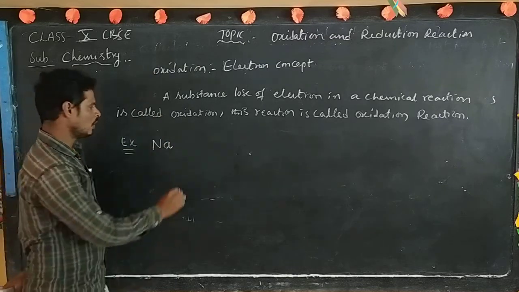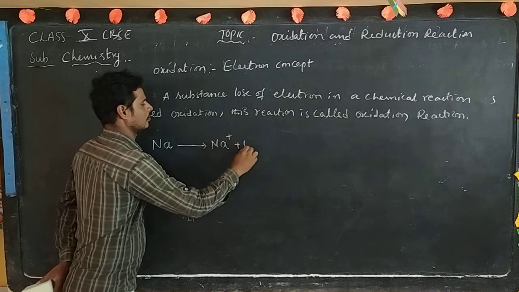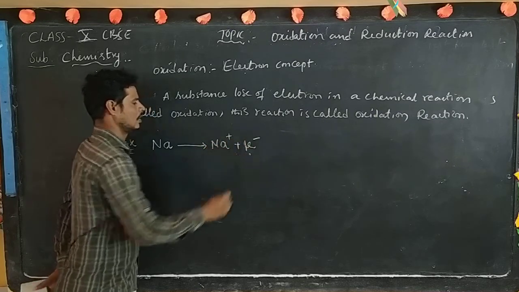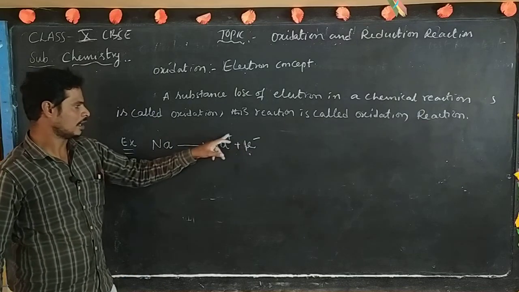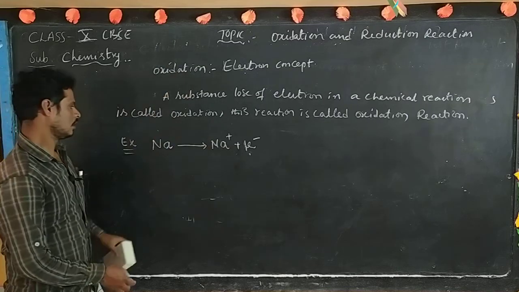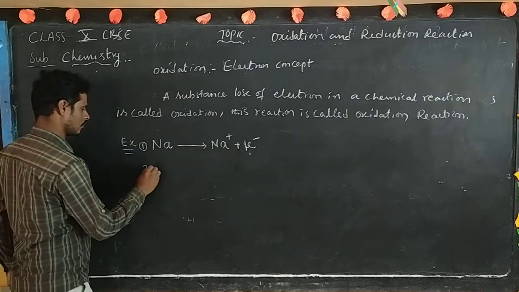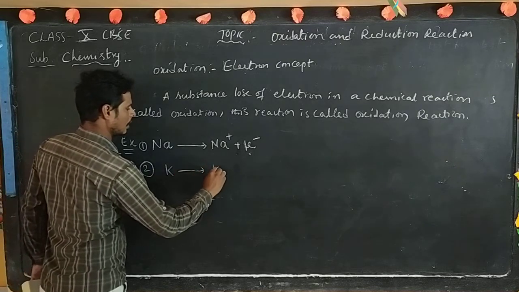sodium. Sodium lost one electron to get Na+. This sodium atom lost one electron to get Na+. That's why sodium undergoes oxidation. Next, potassium lost one electron.